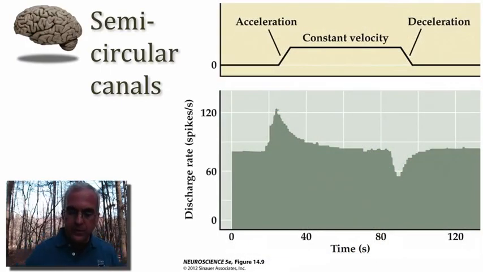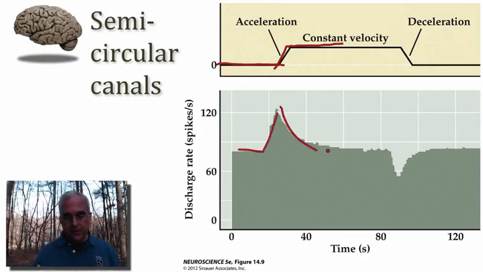So now we're recording the discharge rate of an axon that receives a synaptic input from a hair cell in the crista of a semicircular canal. And we see that as we accelerate, that is, as we begin to turn our head, there is now a transient response where there's a temporary increase over the course of a couple of seconds in the firing rate of this eighth cranial nerve afferent.